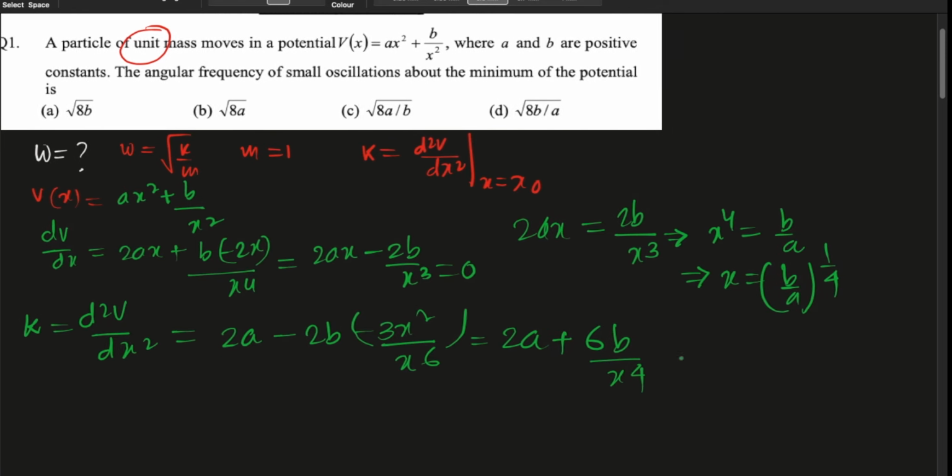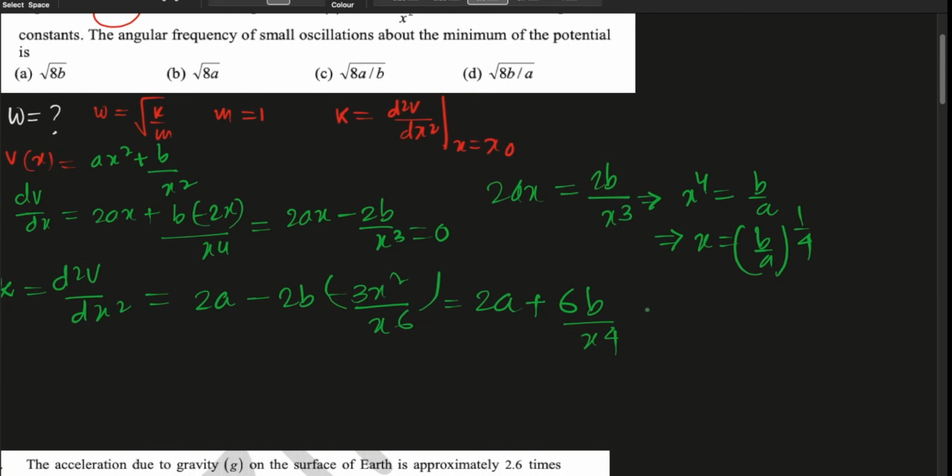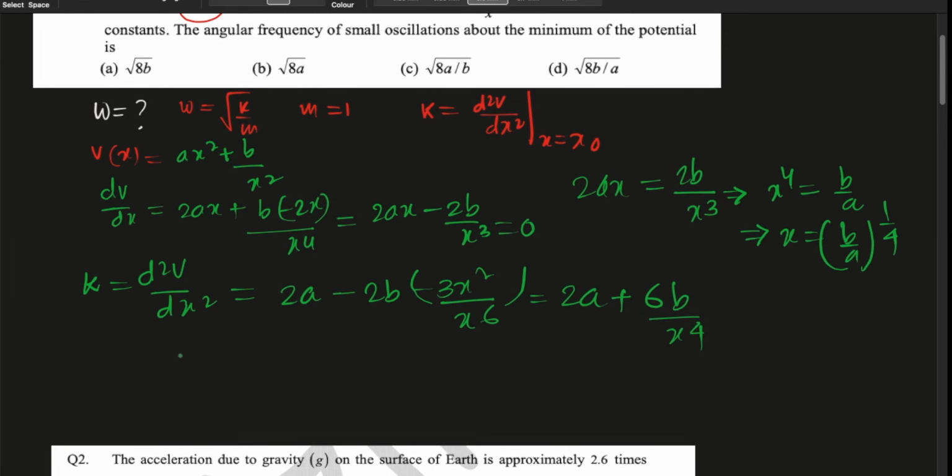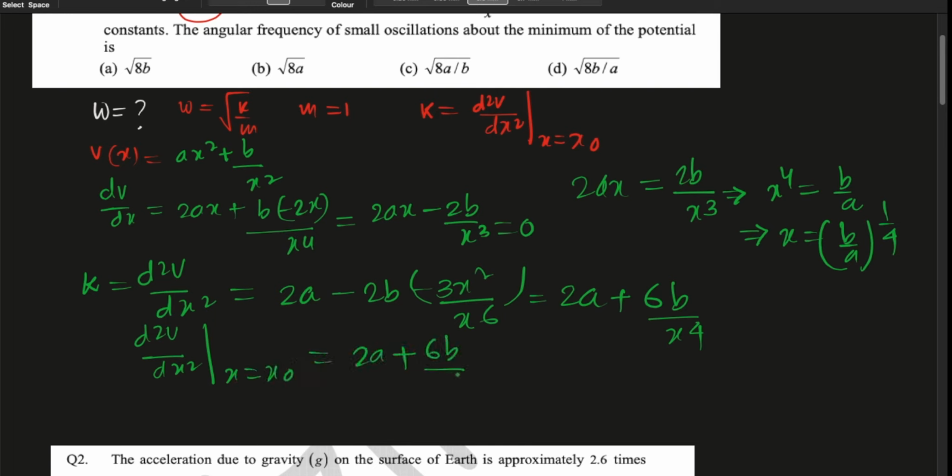Now if I plug in the value at the point x equal to x naught, this will become 2a plus 6b by (b/a) as x to the power 4 is b/a. So we just plug in the value of x to the power 4 here, and it will become 8a. We got 8a, and that is the value of k.